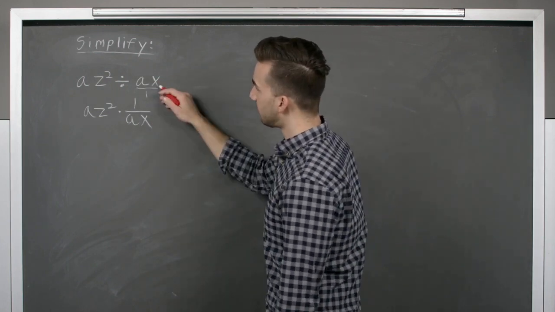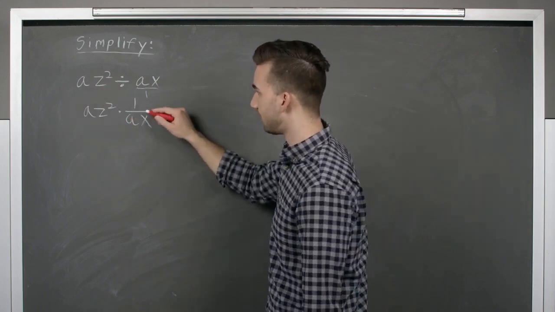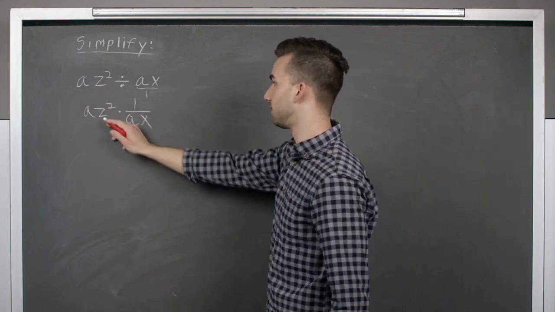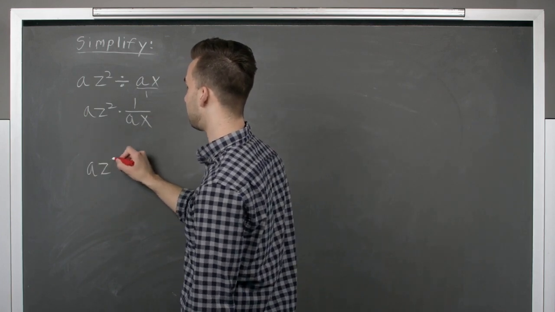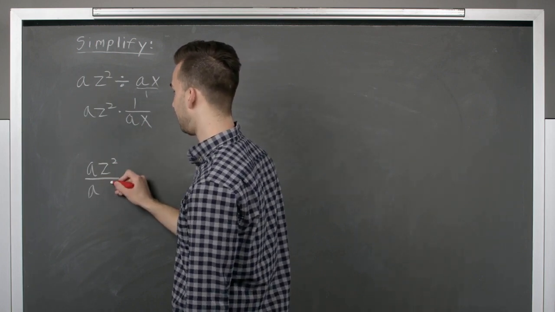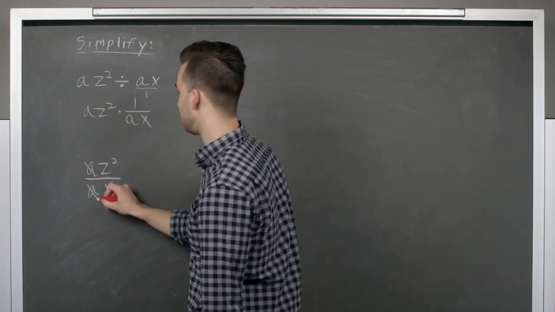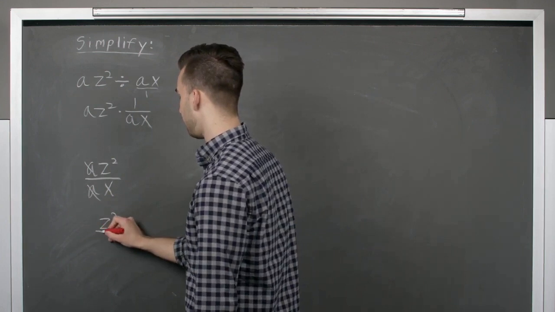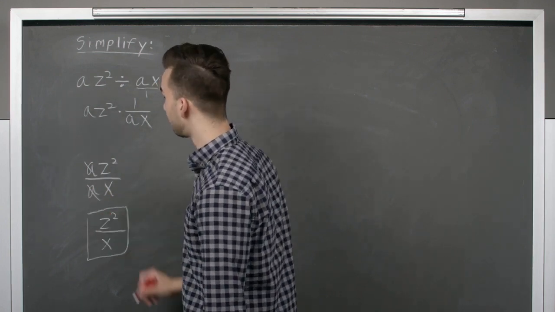Because whenever something doesn't have a fraction bar, it's divided by 1. So we just flipped it upside down, and now we can multiply it just like before. So we have az squared for the top divided by ax. Now we can cancel out our a's, so that leaves us with z squared over x, and that is our solution for this example.